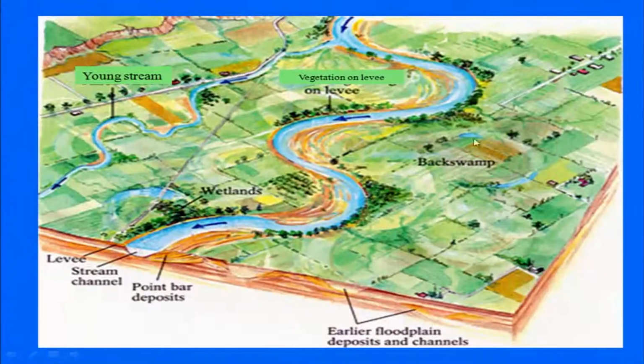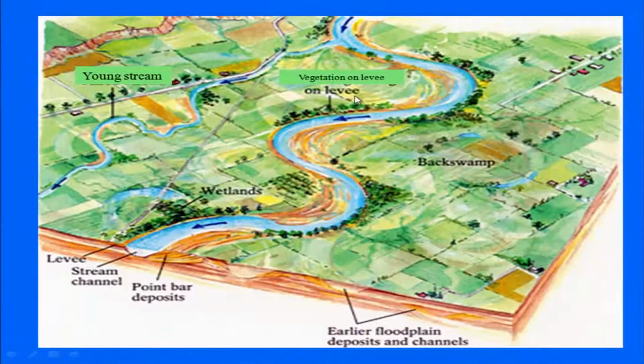So this will form a backswamp, where the water will keep accumulating during the rainy season and it will become like a swamp. So backswamp, whereas in some portions you will also have wetlands. So these are all paleo channels or the cutoff channels of the existing river system.